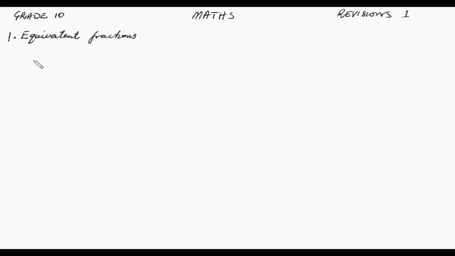Let me say you are asked to write the following fraction as an equivalent fraction with denominator 100. Let's say we have this fraction, and then you want to write an equivalent fraction here with denominator 100.